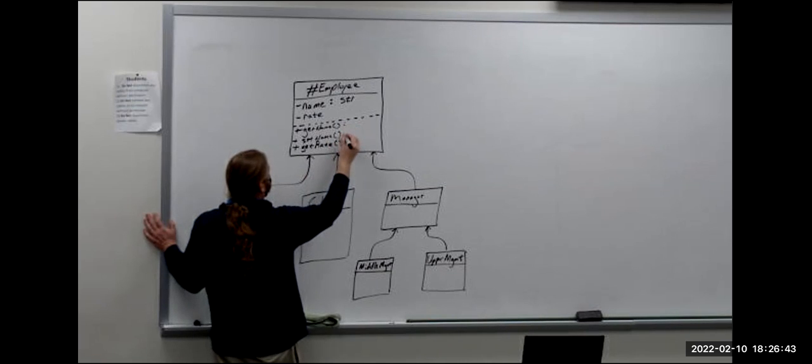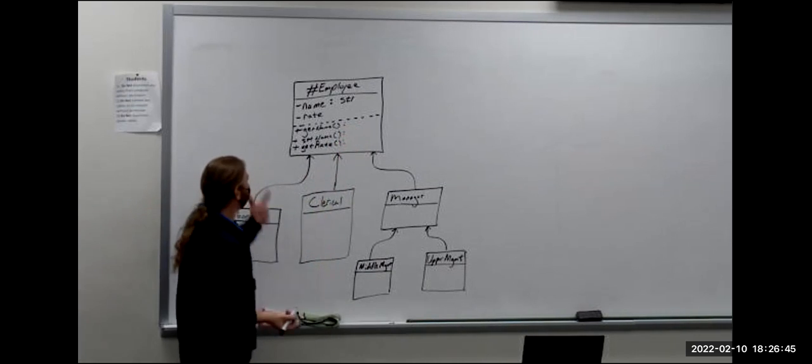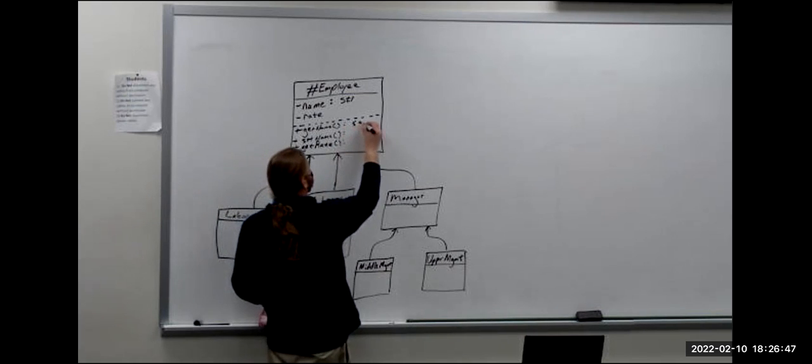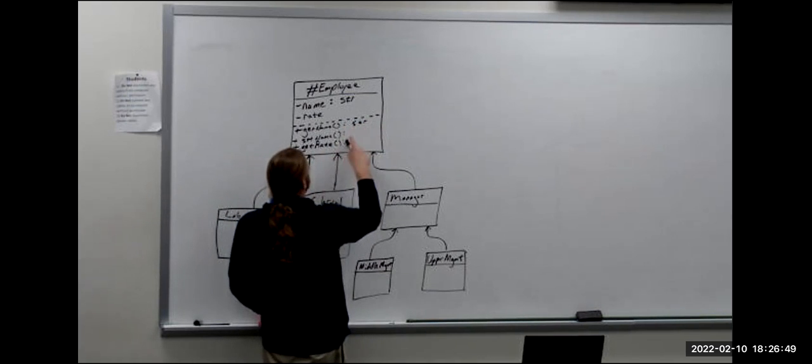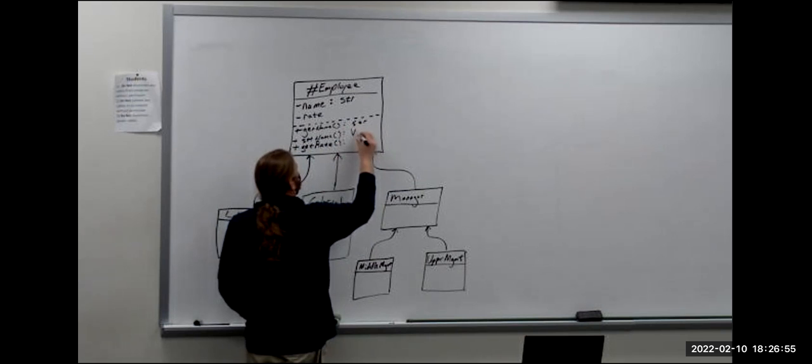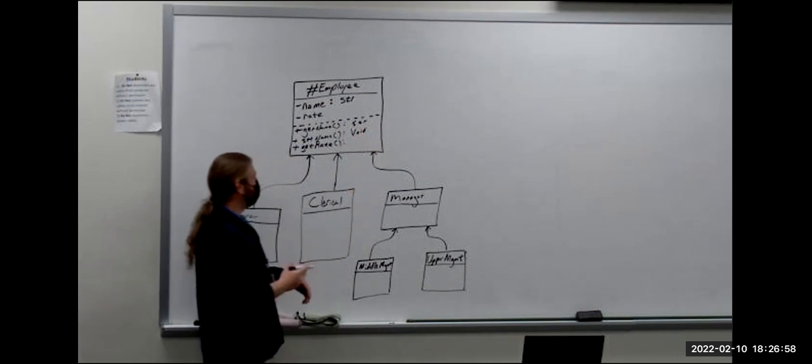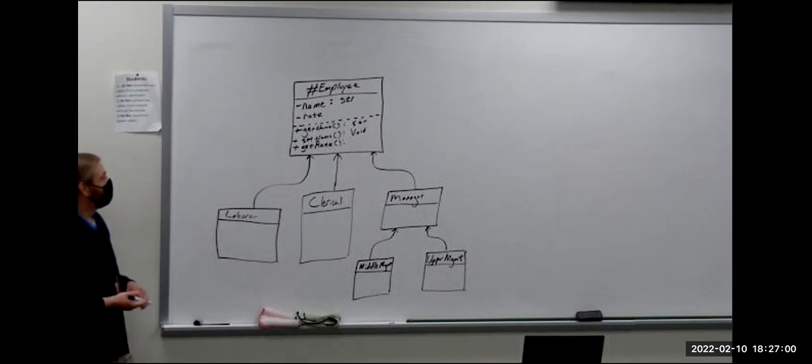Oh yeah, the return types. Get name returns a string. Set name doesn't return anything, so it's a void. It just does something, doesn't bring anything back.